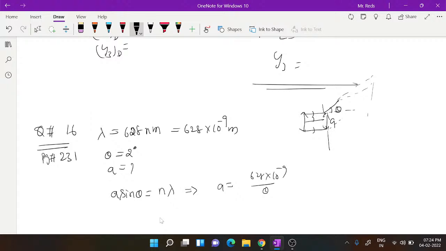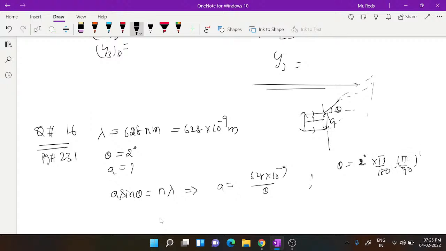If such questions come, whether you can deal with this or not, let us check once. Theta is equal to 2 degrees. To convert this into radians, multiply by pi by 180. So we get pi by 90 radians.